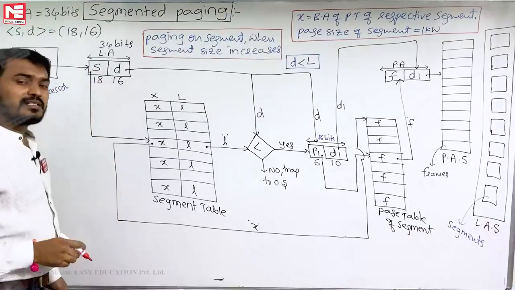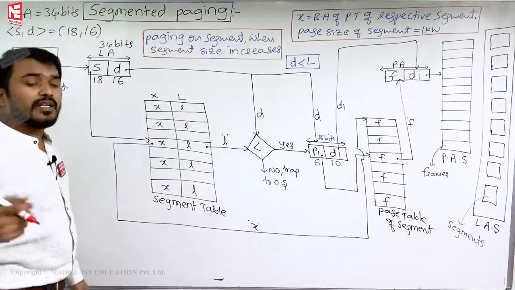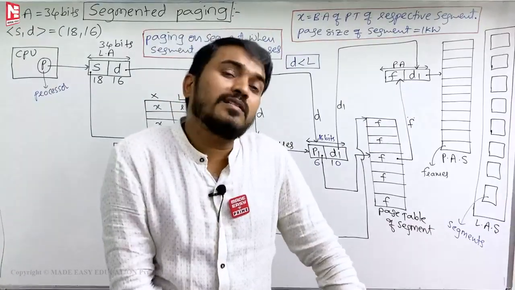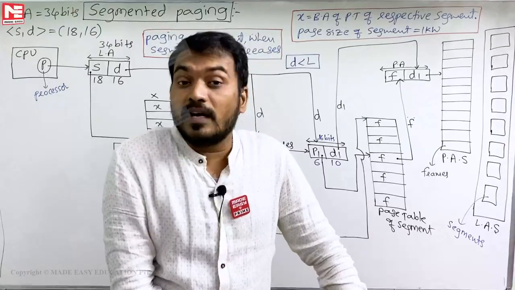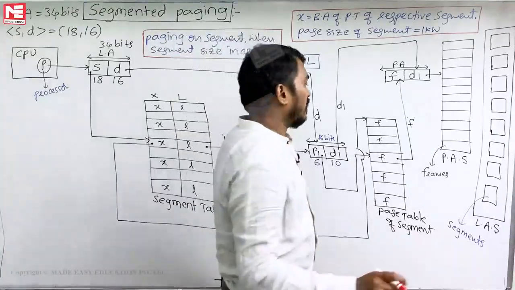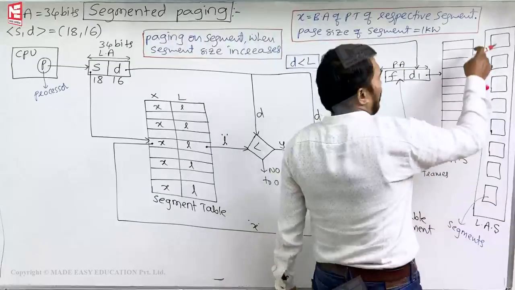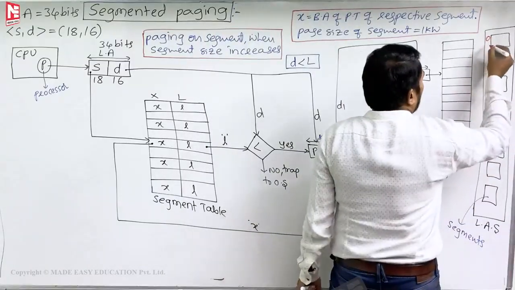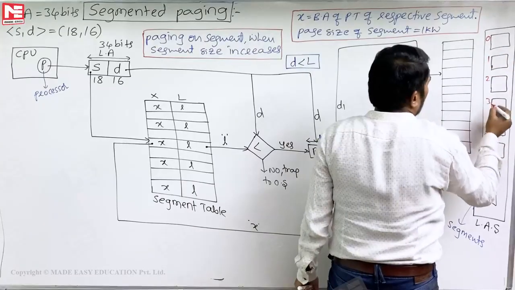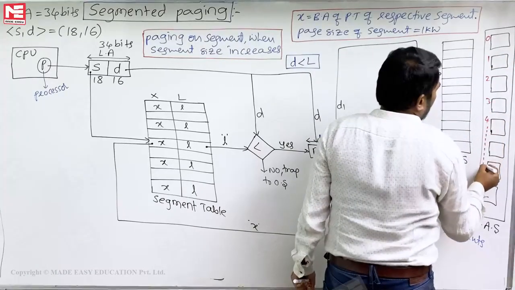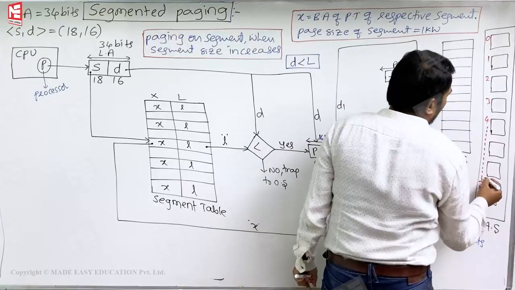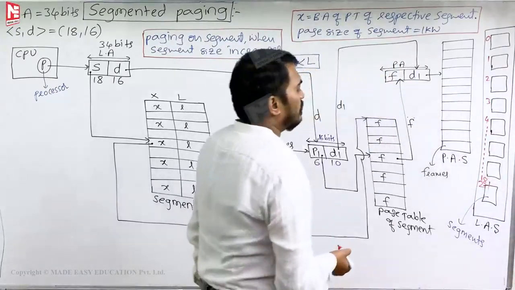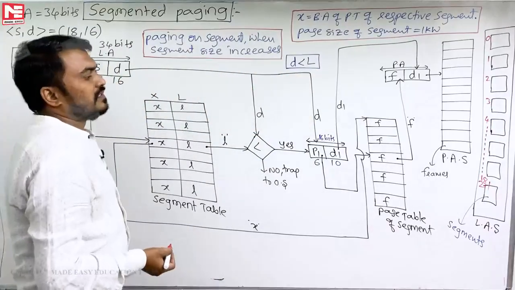If the segment number requires 18 bits, what is the maximum number of segments you can have? 2 power 18 segments. Please copy this: segments 0, 1, 2, 3, 4, like this from 0 to 2 power 18 minus 1.